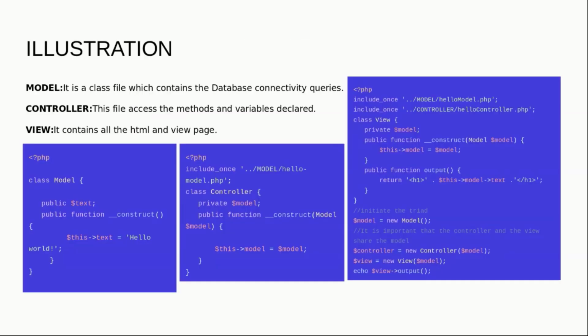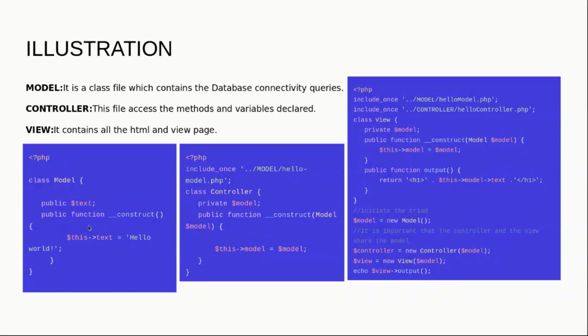Now I'm going to show you a little code here that handles some model view controller kind of thing, right? So you have the model here in this case, which is a class. The model is a class file that contains a database connectivity. In this case, we have not connected to the database.